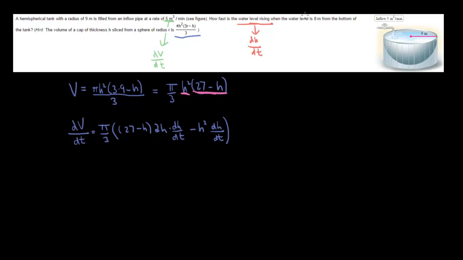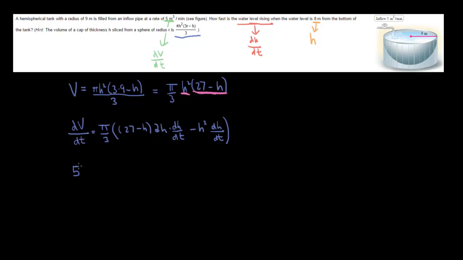Then what about this 8? That's where we're concerned. We're concerned with what's going on when the water level is 8 meters high, so that's h. Now let's make all of these substitutions and see what happens. dh dt is what we're looking for. dV dt is 5.